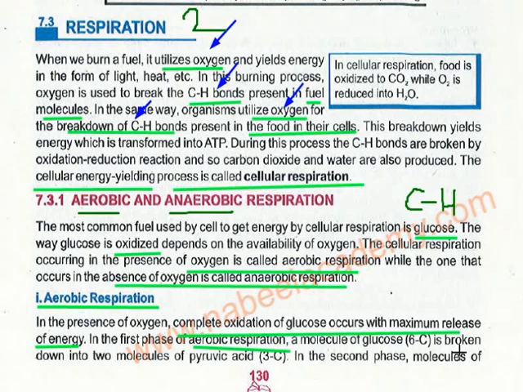Usually we use glucose, okay? So this glucose, which has how many carbons in it? 6 carbons, is broken down into two molecules of pyruvic acid. And again, remember in the dark reactions we said there is one molecule of 6 carbon and then it will become two molecules of 3 carbon.